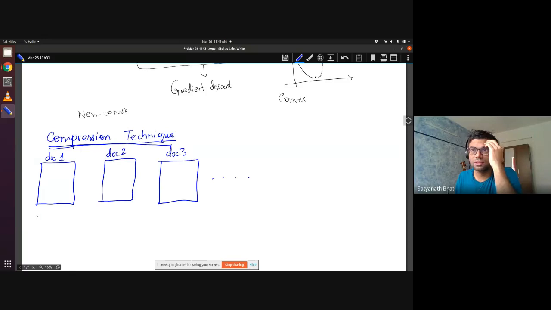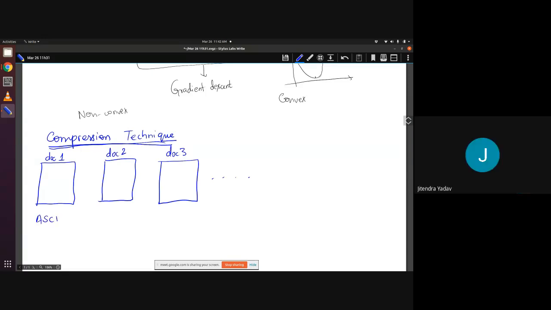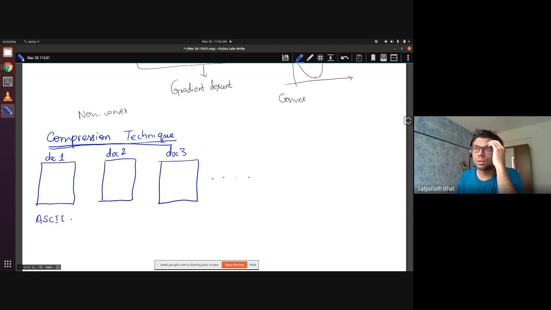You know this, right, Jitendra? What is an ASCII representation? Some number of bits are used for every letter. A has some code, P has some code, L has some code, E has some code, but each of them is equally given a certain number of bits. I think in this case it is 8 bits.